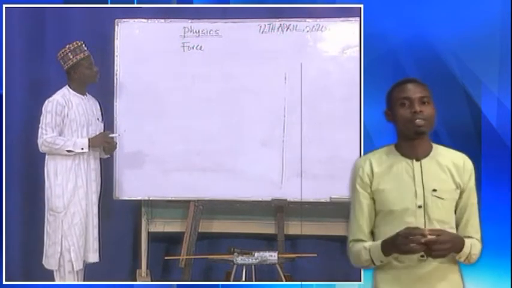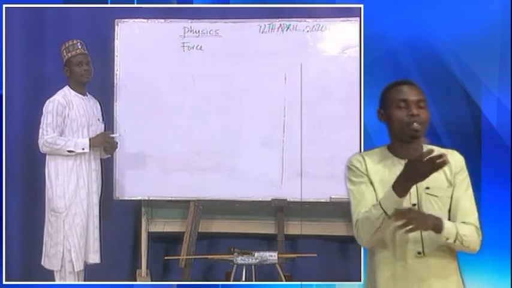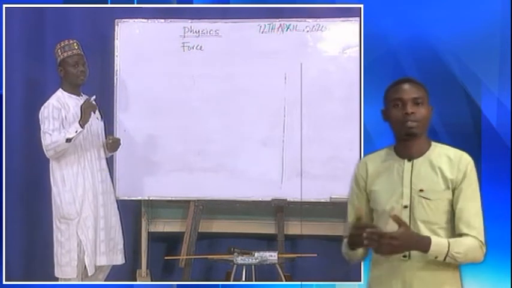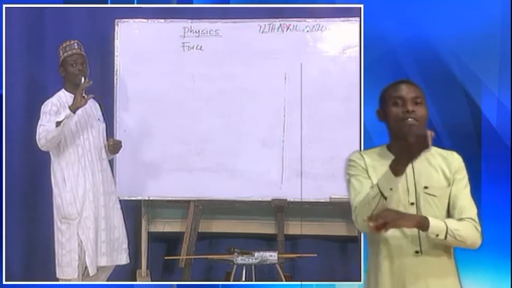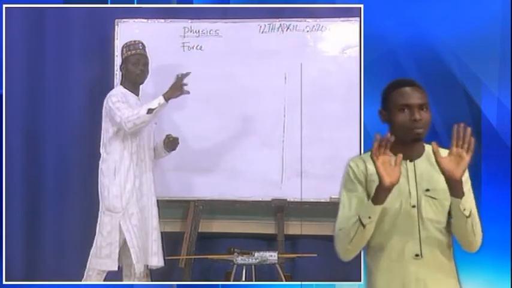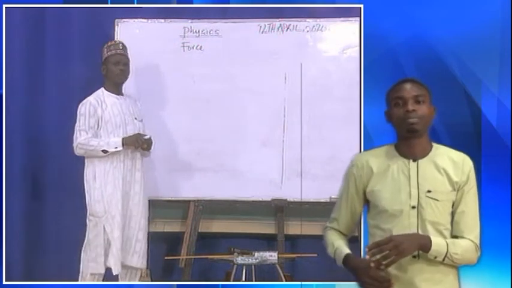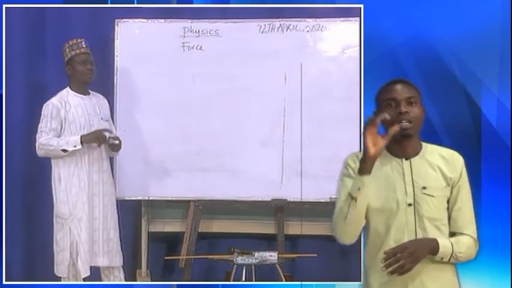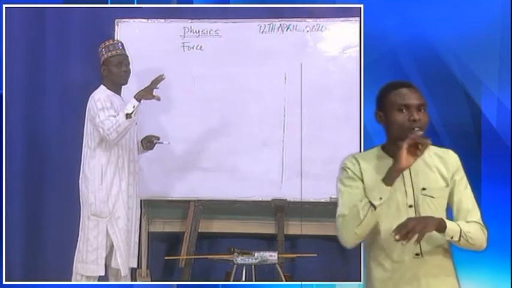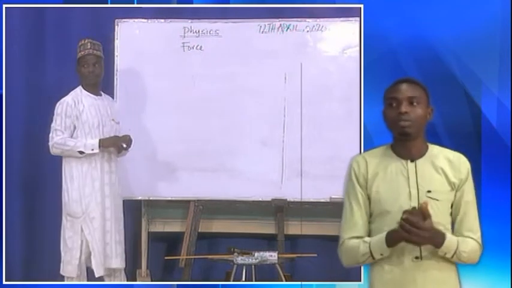So force brings about something. We said force is a kind of a push or a pull on a body. So force of a pull brings about what we call motion.